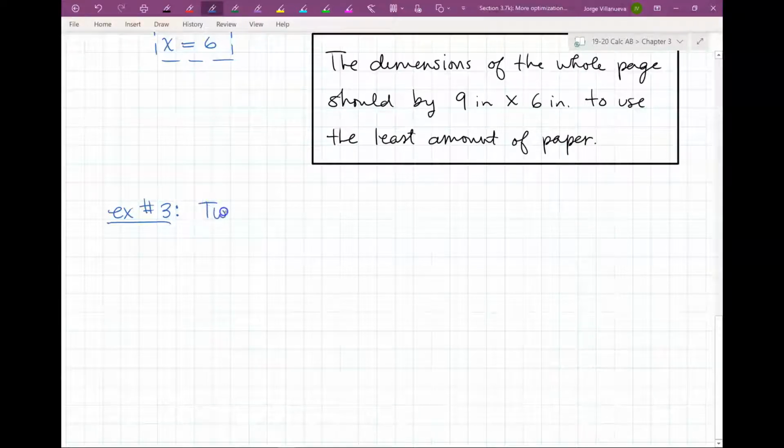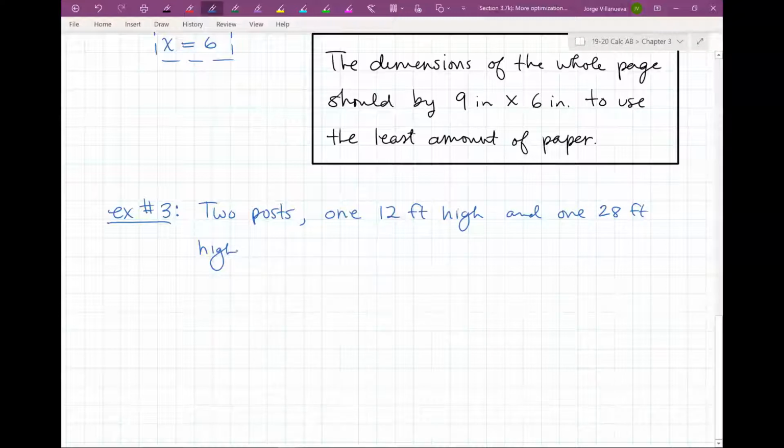It says two posts, one 12 feet high and one 28 feet high, stand 30 feet apart.